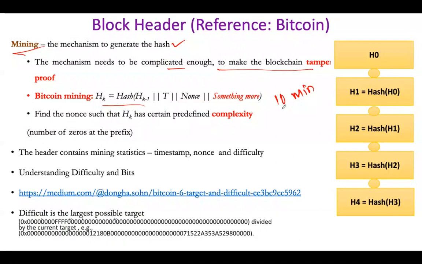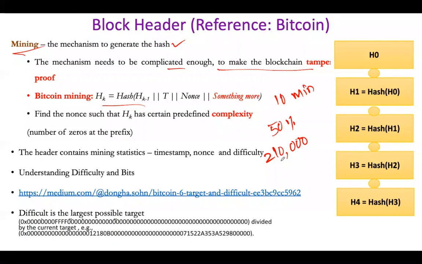The rate of creation of new Bitcoin decreases by around 50% every 210,000 blocks, so roughly every 4 years.